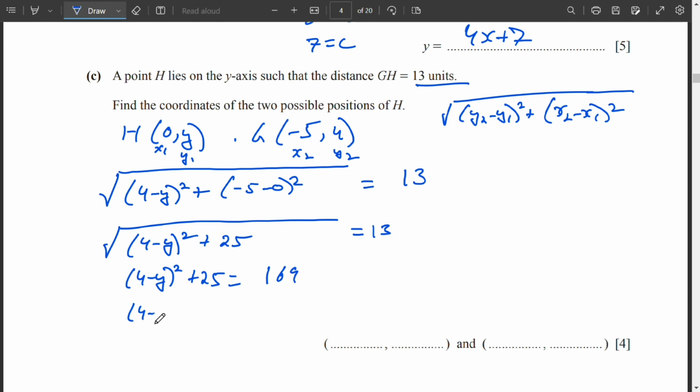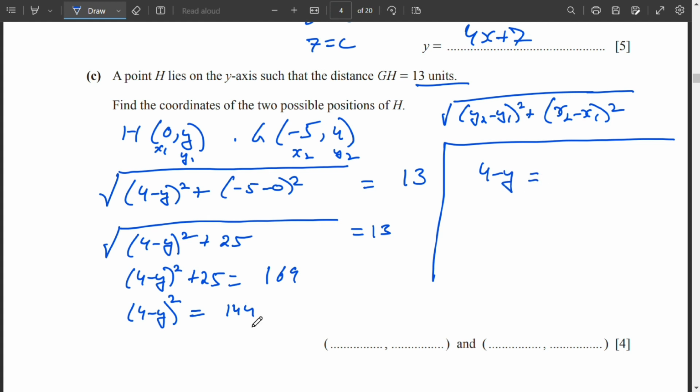Now take 25 to that side. 4 minus y whole square equals 169 minus 25, which is actually 144. Now you take the root on both sides. This will be 4 minus y equals the root of 144, so this will be plus minus 12. Okay.